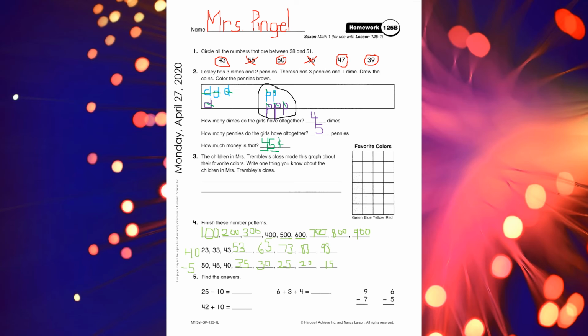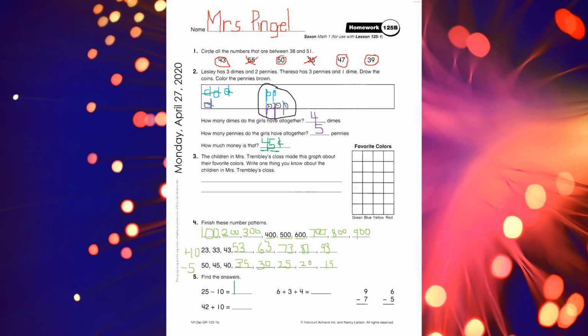Lastly, let's find the answers. I see minus 10s, plus 10s, 3-digit addition, my favorite. And I also have some difference of 1 and difference of 2. Good thing Miss Willie taught us difference of 2. Let's try our best with that one at the end. 25 minus 10.